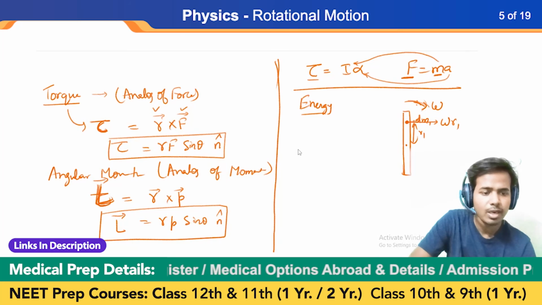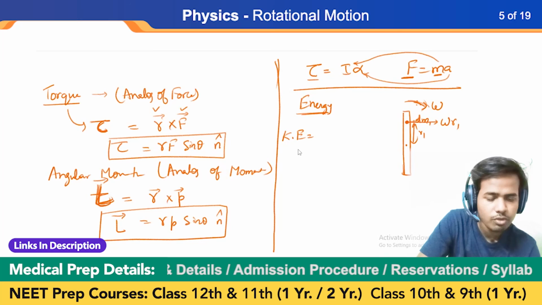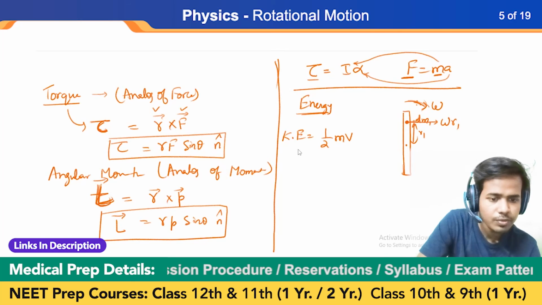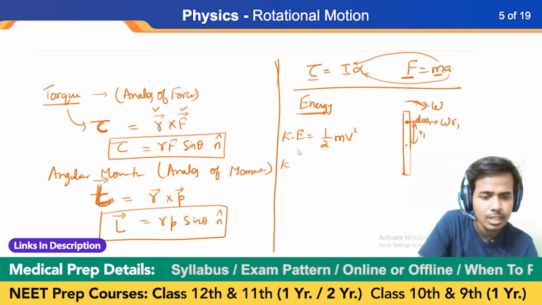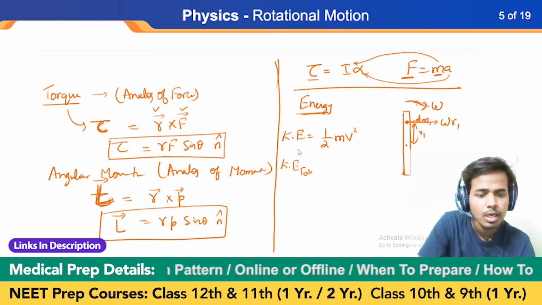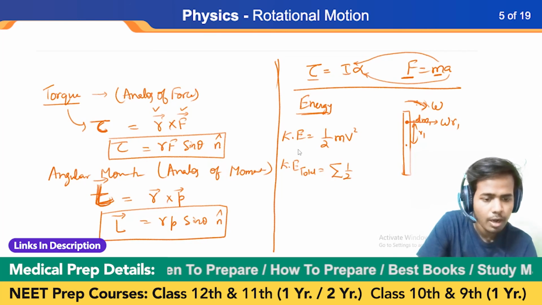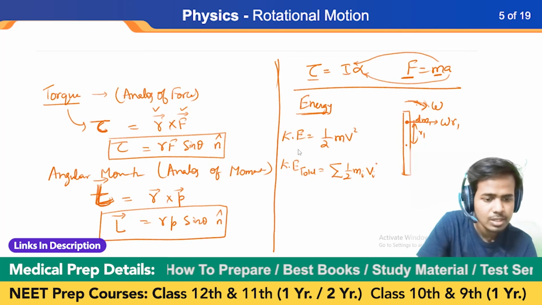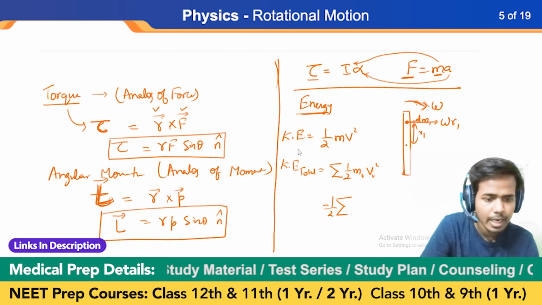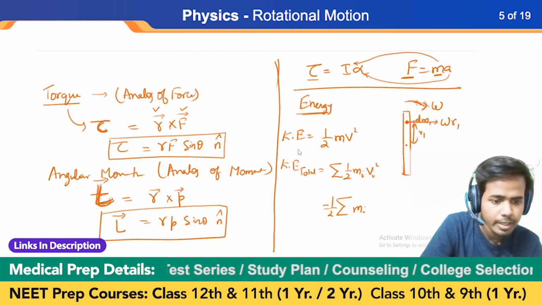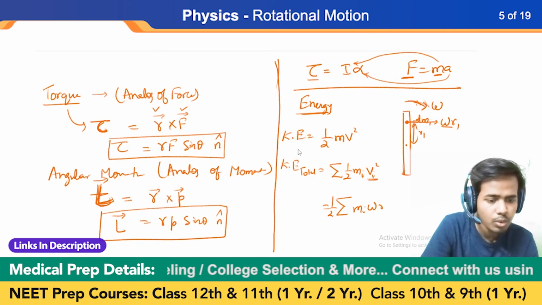Now, if I want to find out the kinetic energy, it will be equal to half m v square for each of the particles. And if I want to find the total kinetic energy related to the rotation, it will be equal to the summation of half m_i v_i square. Half comes out, and you have m_i. Replace v_i with omega into r_i.